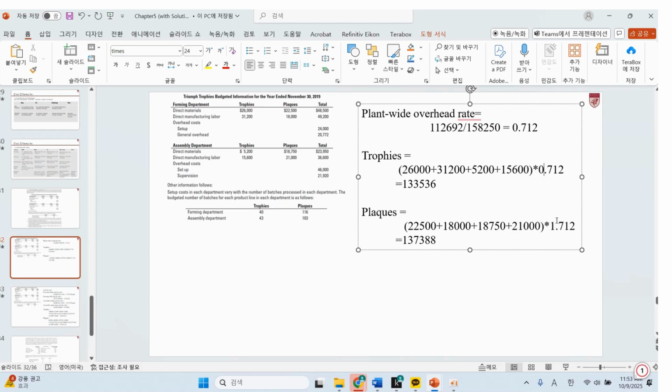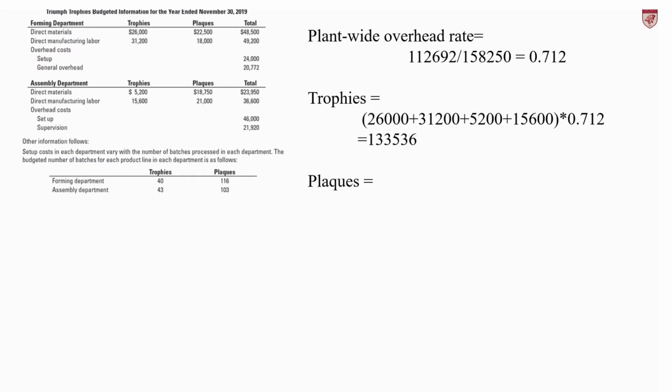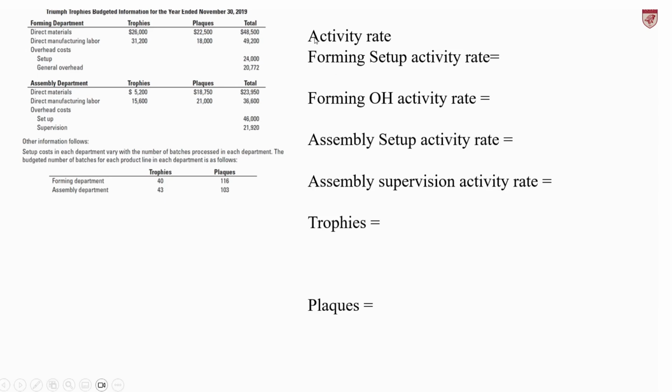This should be 0.712 instead of 1.712, right? And also for plaques, you need to add up all these direct costs across departments to come up with this number. Now, this is going to be our third question on the activity rates. Again, I'm going to leave to you calculating the departmental overhead rate and applying that to each product.